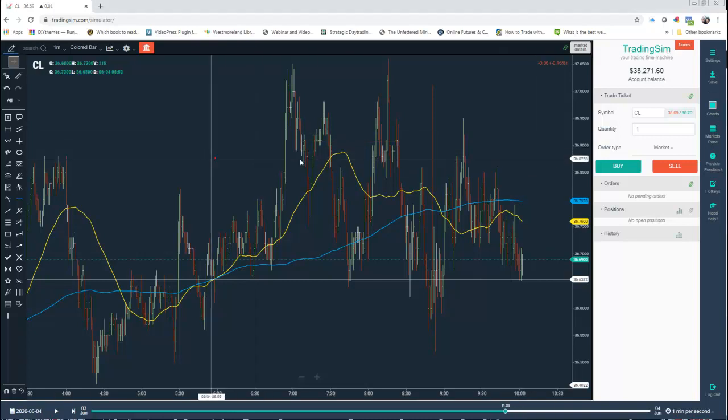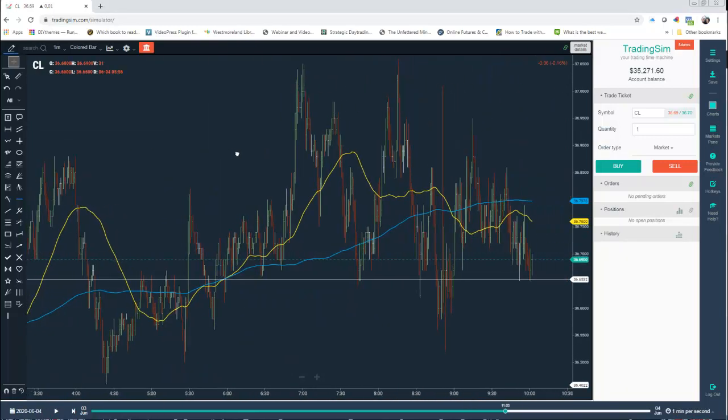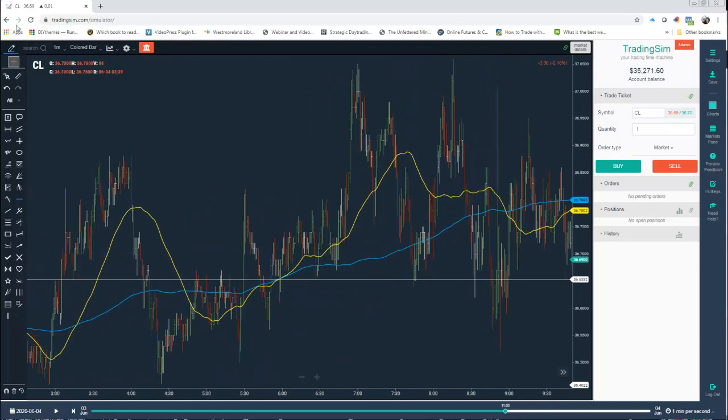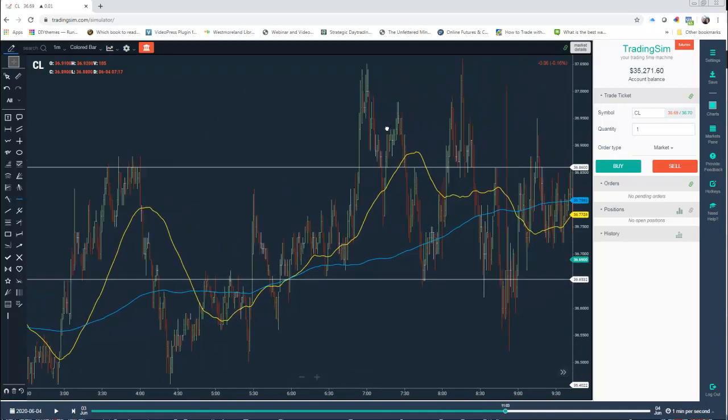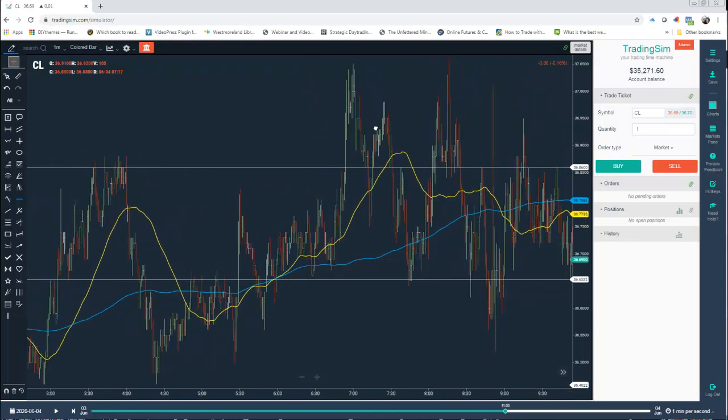Here, I want to get rid of that. Okay. And this is the level that's holding roughly in that area right there. That's a pretty big congestion area.